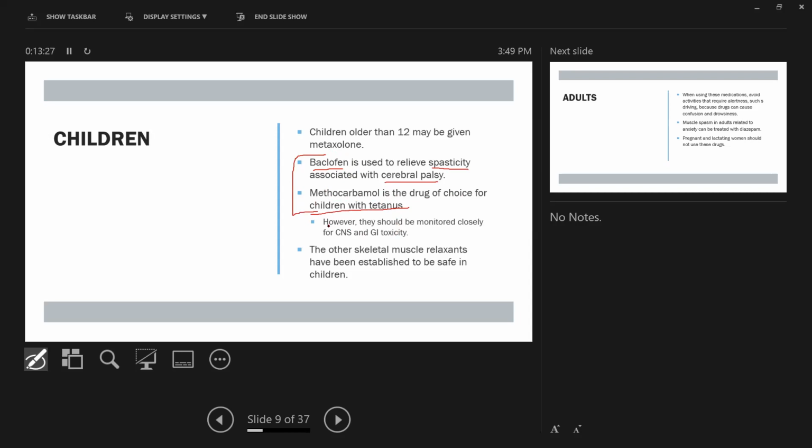Now, as we'll see, children should be monitored closely because they're more susceptible to CNS and GI toxicity with these drugs. Other skeletal muscle relaxants have not been shown to be safe in children. So these are really the 3 you can use: methylcarbamol, baclofen, and metaxalone.